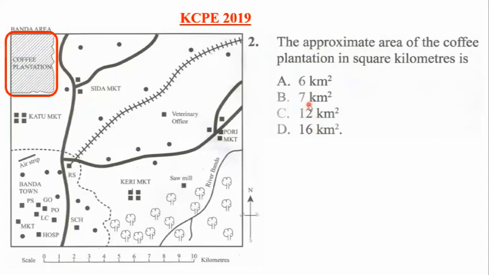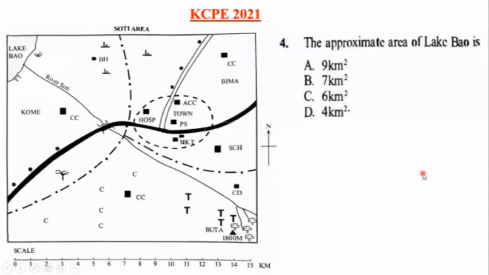So if you get 11 or 10, just call it 12. But if you work it out, you should be able to get the answers that are here. Remember, it is approximate area. Thank you. So we go to the next one.